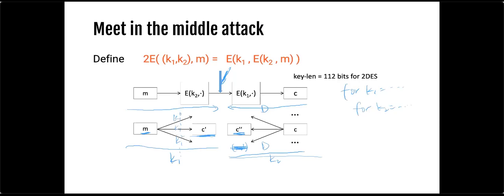So this is K2,0, K2,1, K2,2, etc. So in this case, can you make this brute force algorithm more efficient?